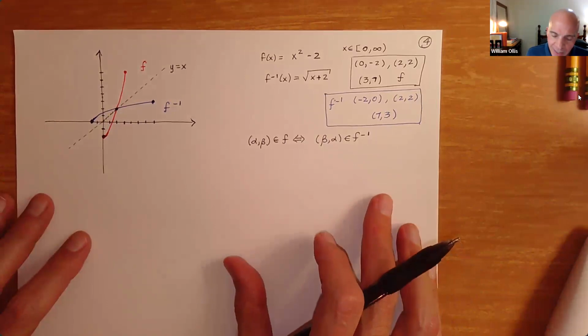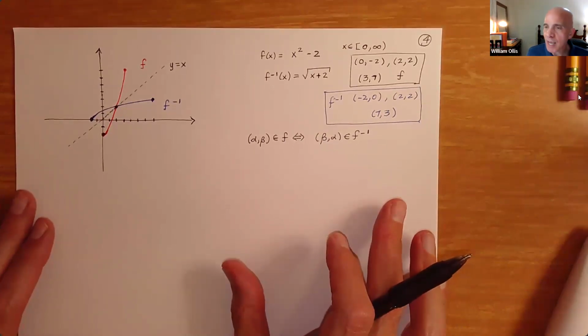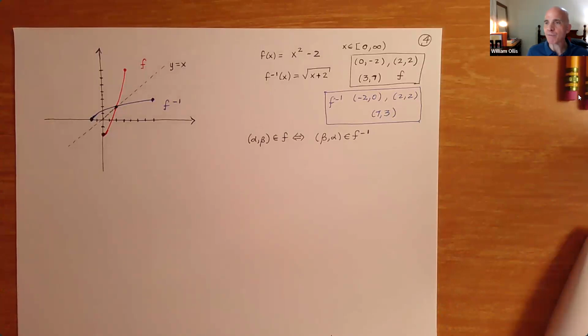So again, just remember, when we think about inverse functions and we think about one-to-one functions, the path is made for us. We simply have to follow the routine of solving for one variable in terms of another, or just in a finite case, just interchanging the ordered pairs, and we're done.